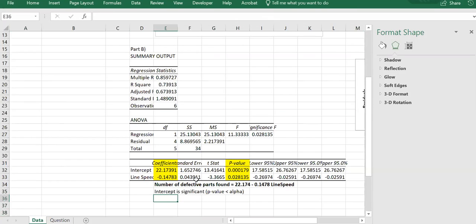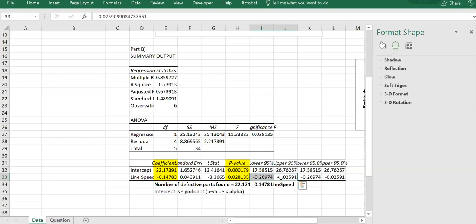Then the slope for line speed at 1% level of significance, this is not significant. However, at 5% level of significance, this is significant. And as you can see here, the 95% confidence interval for beta 1 does not include 0. So it's always negative.